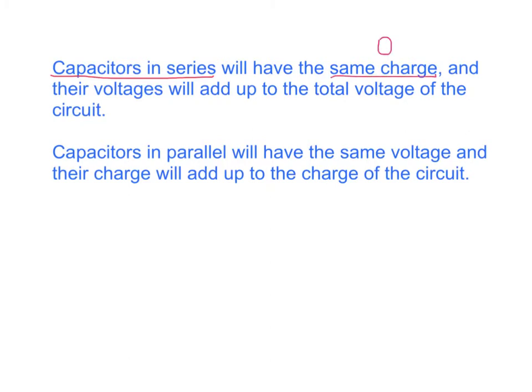Again, we're looking at Q here. And their voltages will add up to the total voltage of the circuit. Whereas capacitors in parallel will have the same voltage, and their charge will add up to the charge of the circuit. And we'll see examples of what we mean by that in just a second.